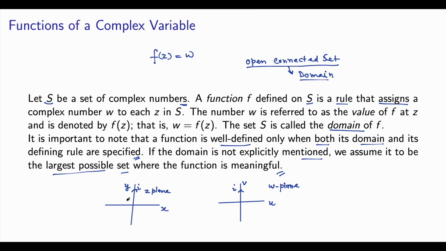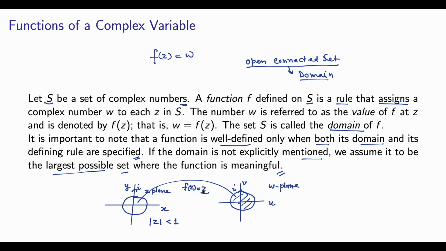Any function f, let's say I make this circle, so I'm saying that modulus z is less than 1. This is an open as well as connected domain, because the boundary is not included. Then we can define any function f. So if we say f(z) is equal to z, it will give the same circle. So this is your w domain.